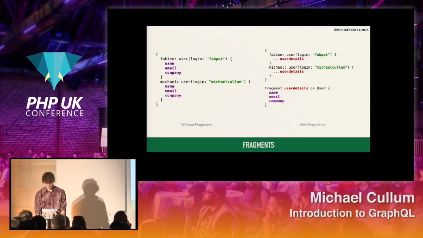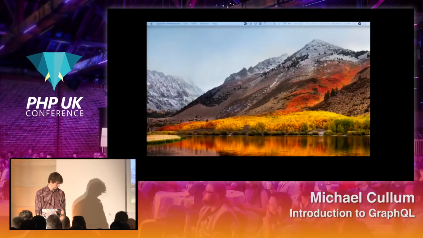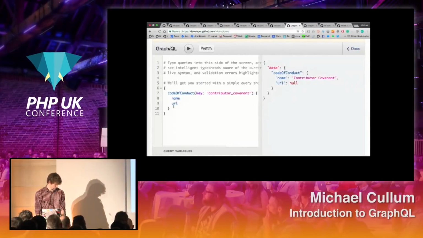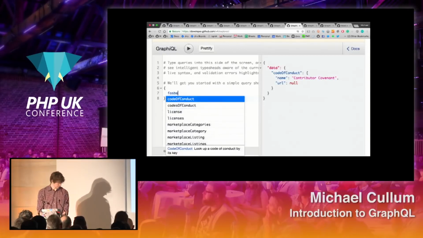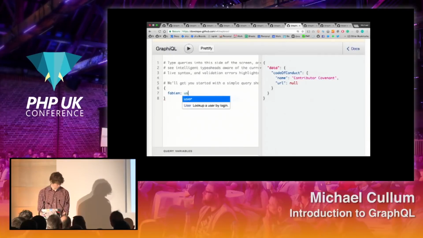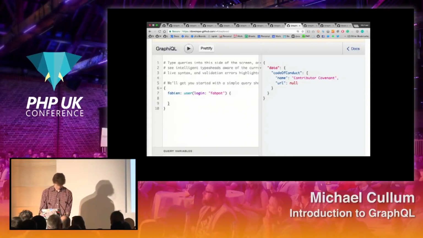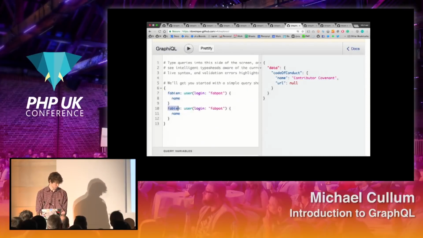So if I jump back across to GitHub, I can have a play with this. So let's go with... essentially what I'm doing here is I'm just duplicating what I was just talking about.